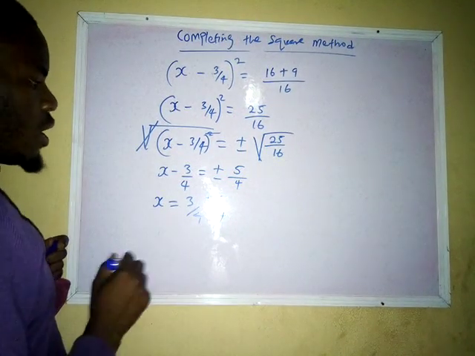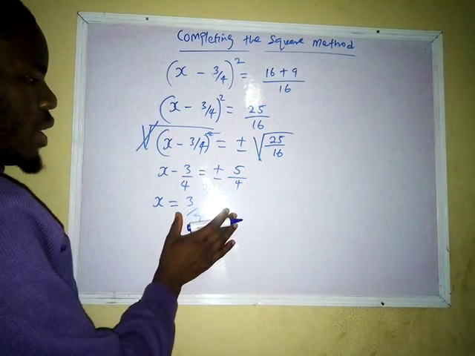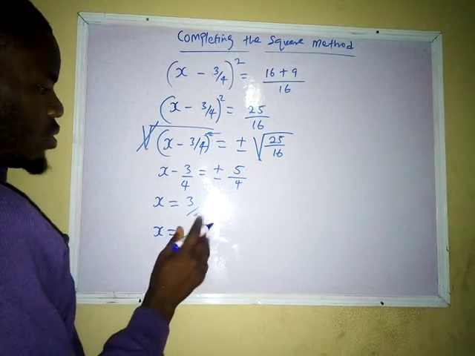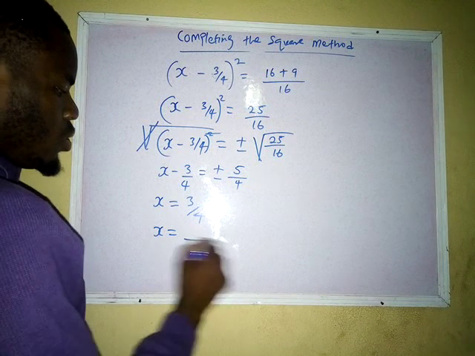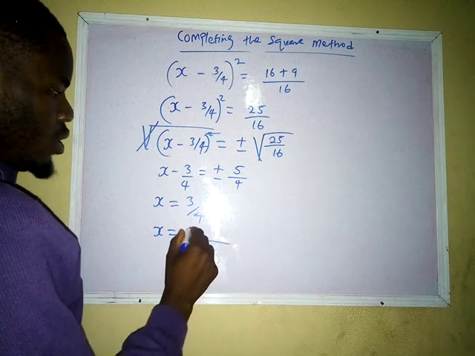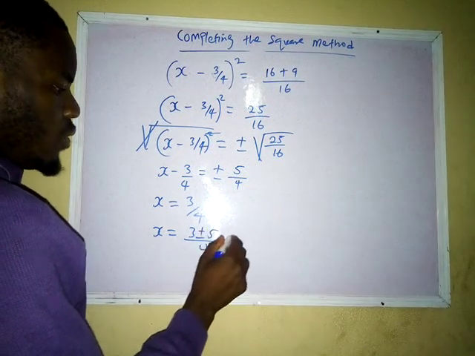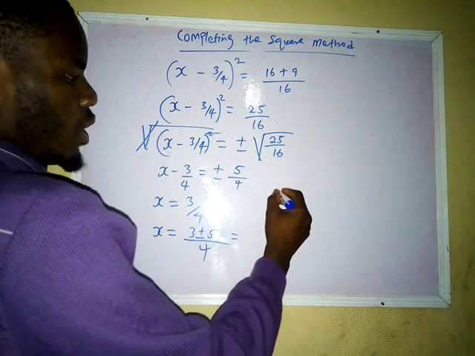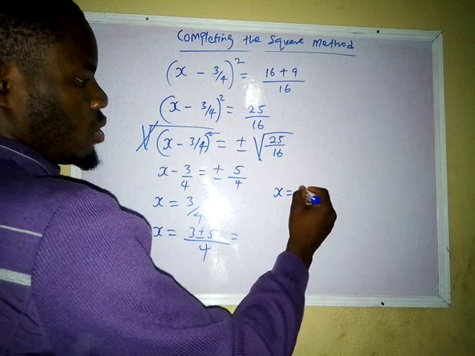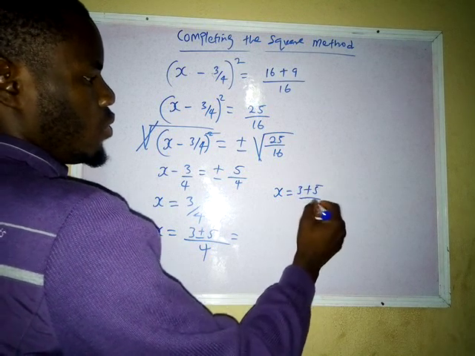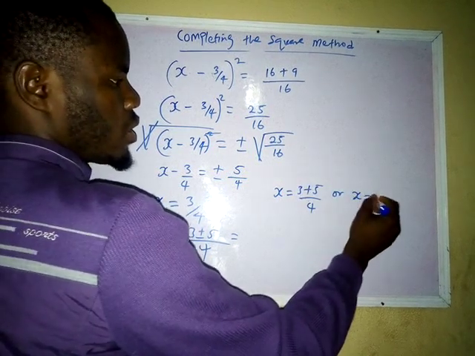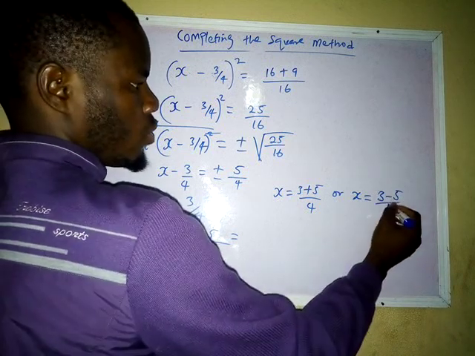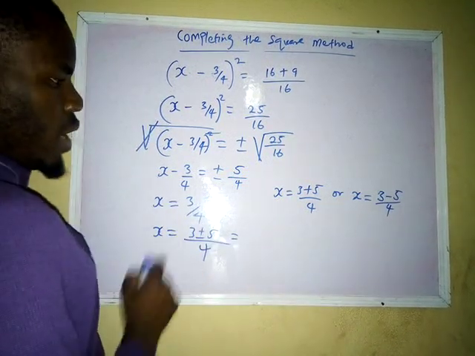So from here we are going to merge it as a single fraction, which is x is equal to, the LCM of 4 and 4 is 4, so we just add the numerator, 3 plus or minus 5. So now this entails that x has two values. One, x is equal to 3 plus 5 all over 4, or x is equal to 3 minus 5 all over 4, because x is plus or minus here.